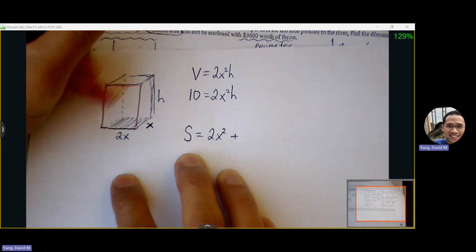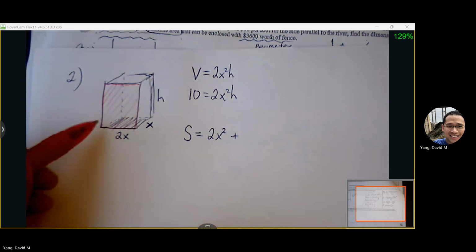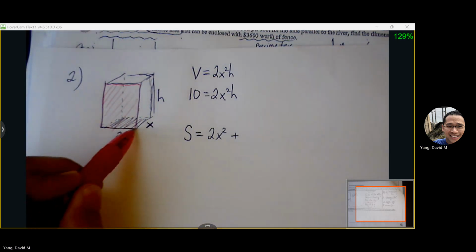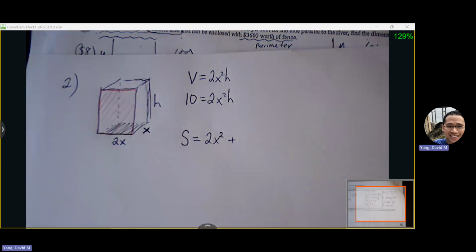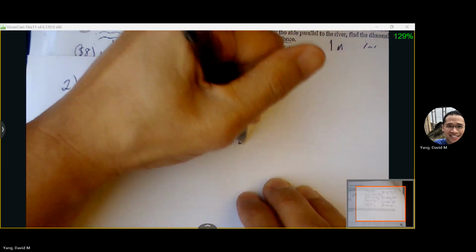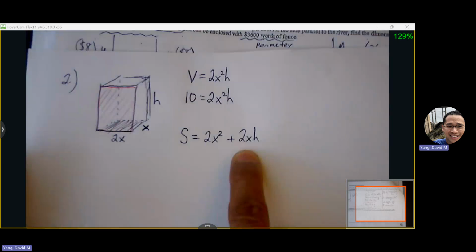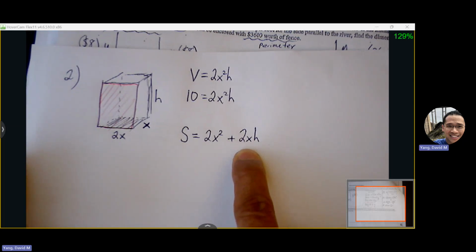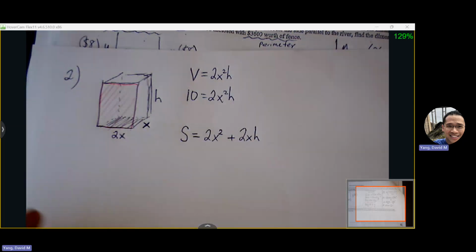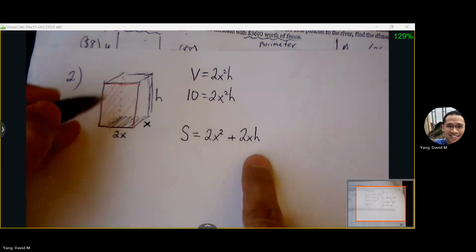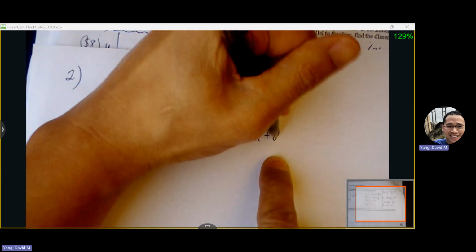What's the area of this side? 2xh, okay. Do we have another side that has an area of 2xh? Yeah, behind it, right? So there's another 2xh.